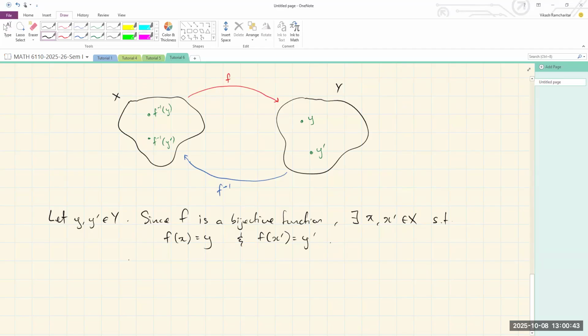And since f is bijective, you can do what I'm about to write, but you can't always do it: if the function is bijective, you can move f across. So this implies that x equals f inverse y and x prime equals f inverse y prime. You could only do this if your function is bijective, okay?